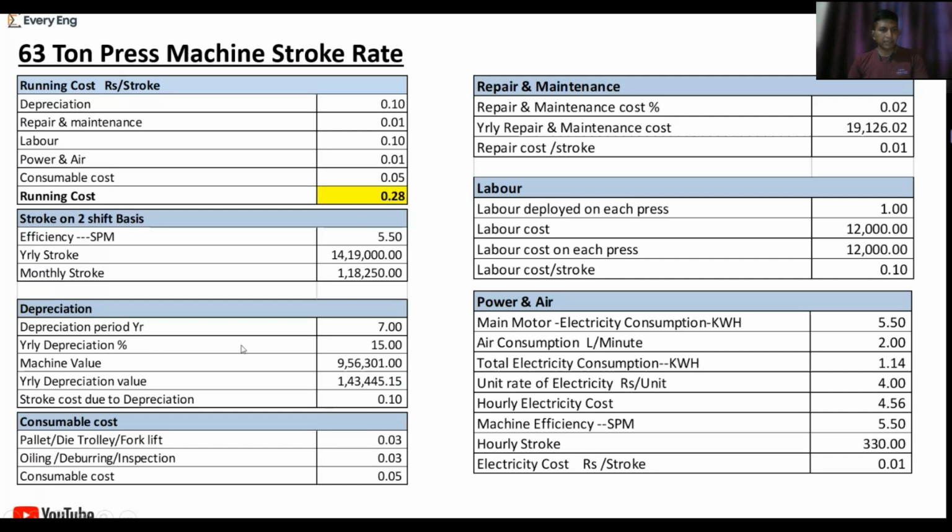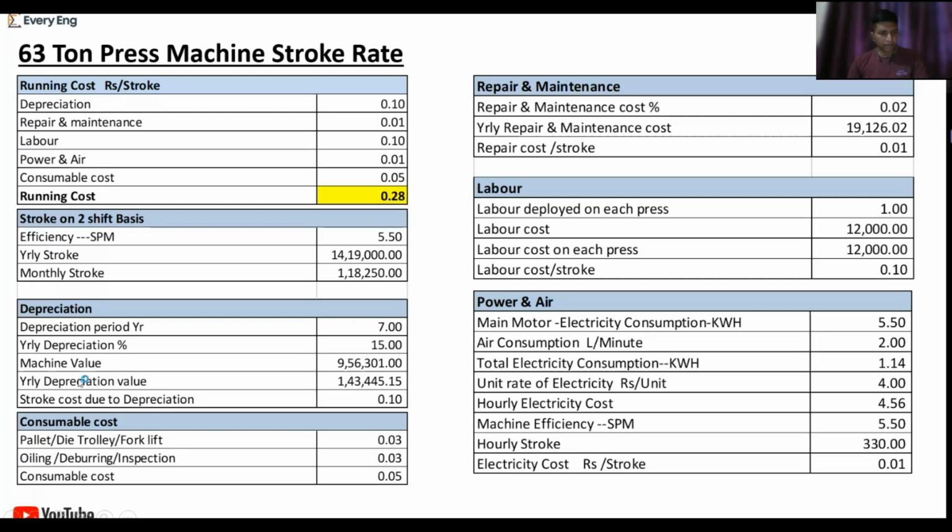Of course. 63 ton press machine cost: in that calculation, we consider 9,55,300 rupees, and we consider 7 years. So 100 divided by 7, per year depreciation is 15%.